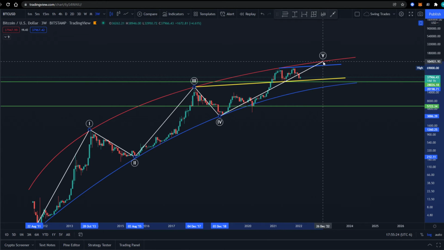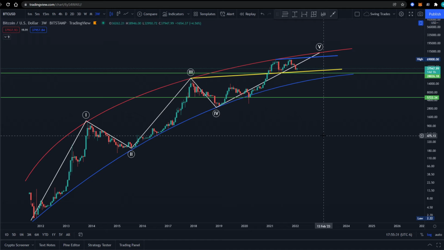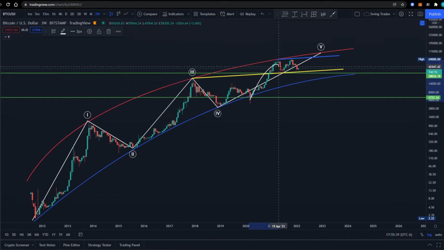Are we going to stretch it out and maybe hit that 100K mark that everybody seems to be screaming for? It's possible. We do have a 1, 2, 3, 4, 5.